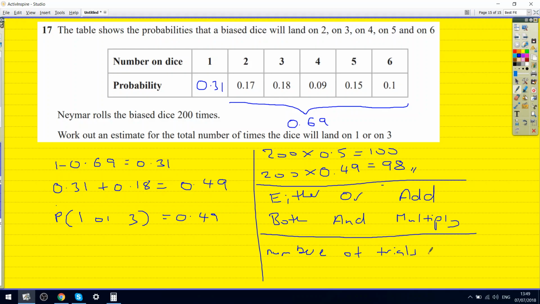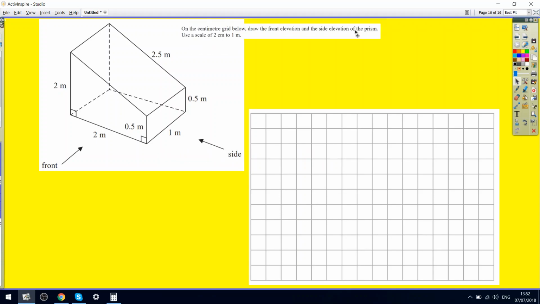Times by probability gives you what's called estimated frequency. So it's the number of times you try something times by the probability, and there we saw 200 times a half.